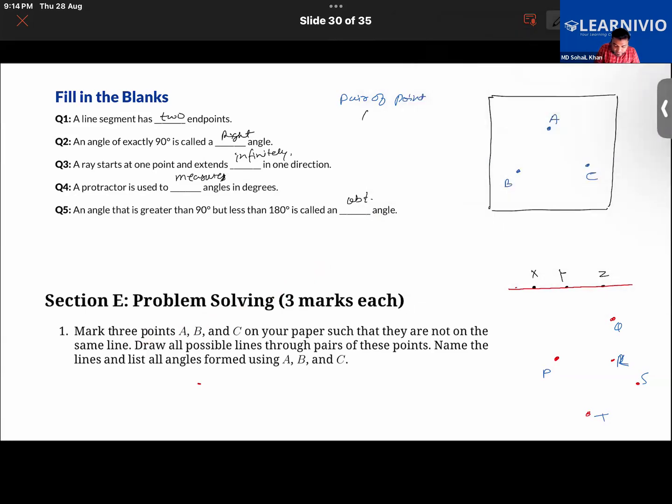A comma B, point A and point B. Next, A comma C. Next, B and C. Through these pairs of points, you have to draw the lines that will connect them. Understood? Yes, sir. Then you will name the angles also. Done? Show it to me.